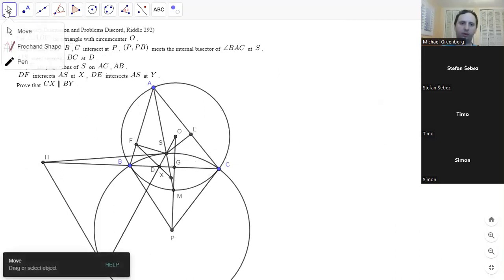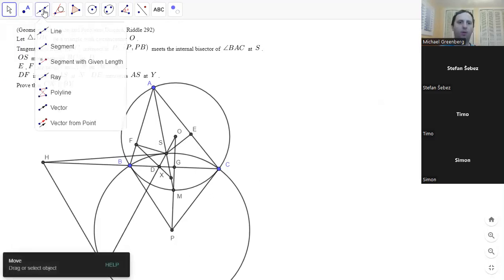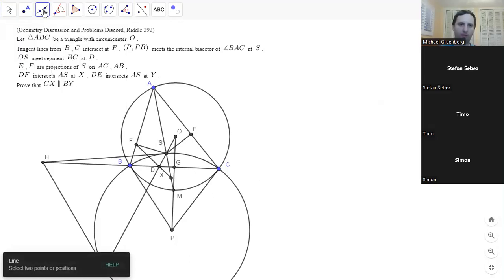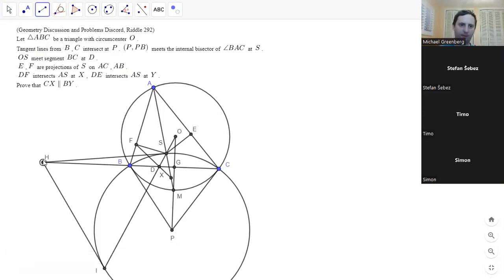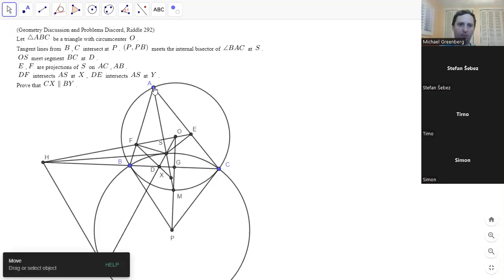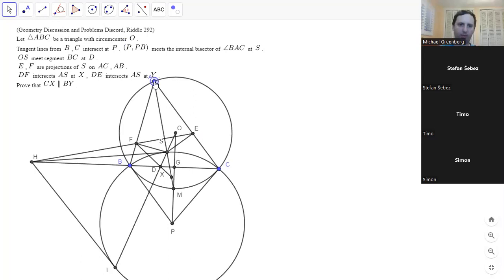What would E do? You see E, F, and H should be collinear then. We'll just make O a little bit higher up.